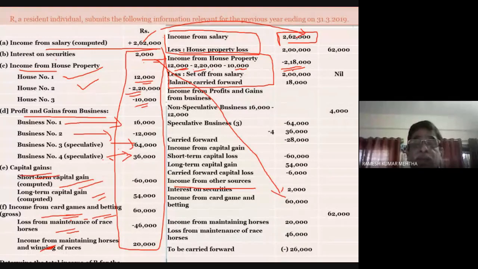As discussed in the previous problem, loss from house property to the tune of 2 lakhs can be set off against income from salary. So let's set off this 2 lakh rupees of loss out of the 2 lakh 80,000 loss against salary income. You are eligible for setting off loss from house property against any income to the tune of only 2 lakh rupees from specified, allowed incomes. So in this case, 2 lakhs is set off.